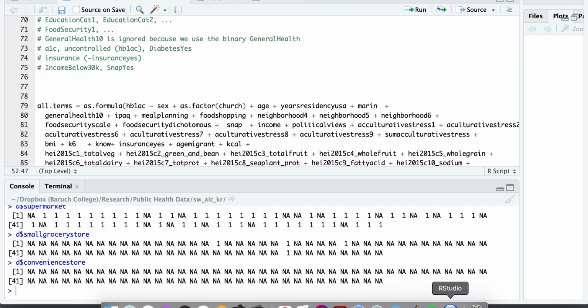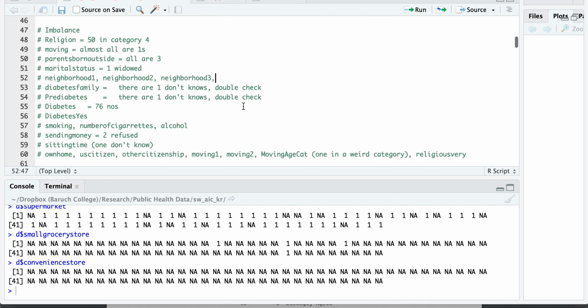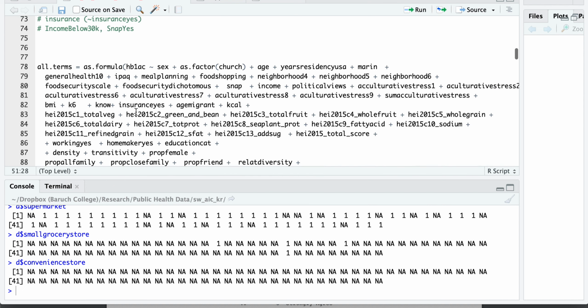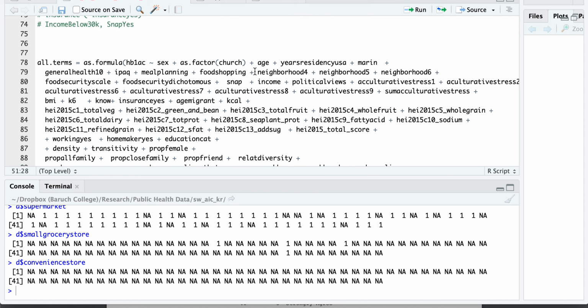Okay, so we go back here. I remove them from here. I add them here.